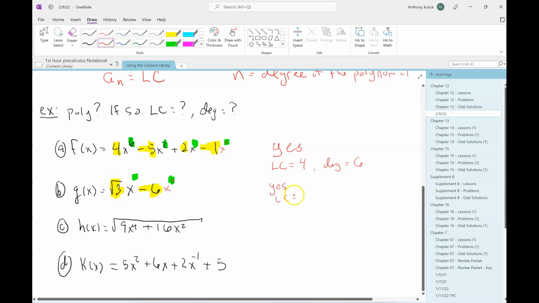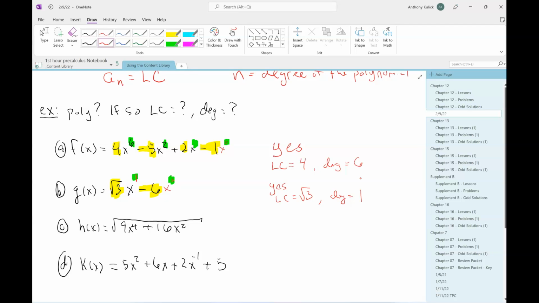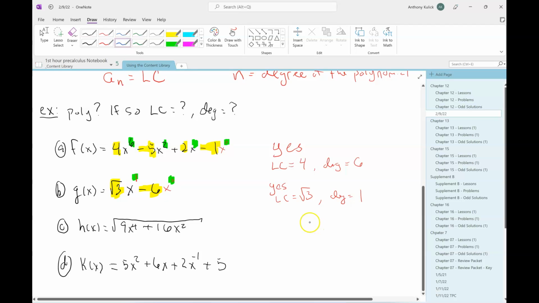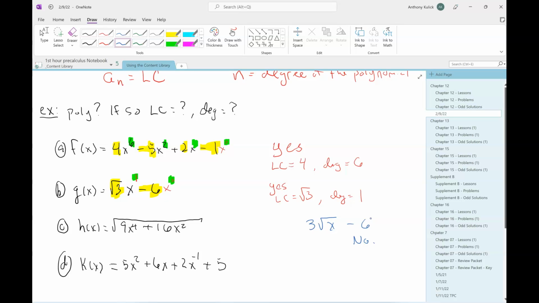So in this case, what's the leading coefficient? Root 3. And the degree then is? 1, because really, that's an x to the first there, right? Now, just as an aside, if this was 3 square root x minus 6, that would not be a polynomial. So if the radical's over the x, that's no good.